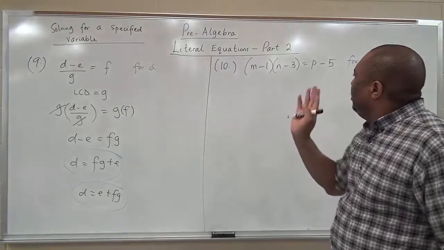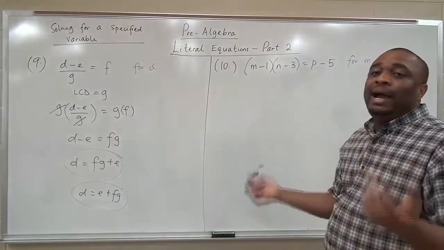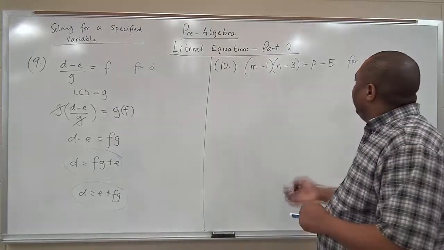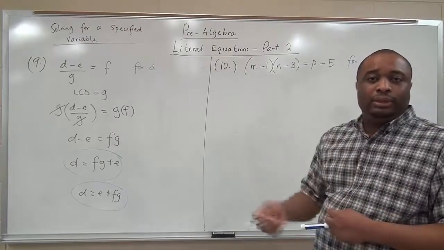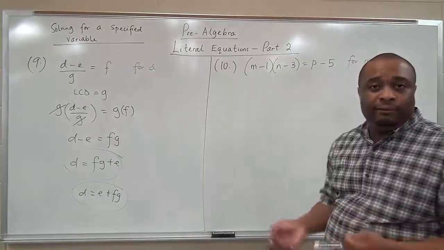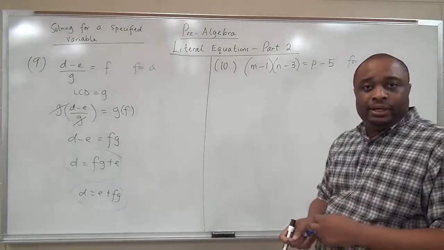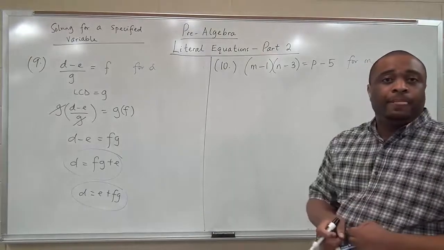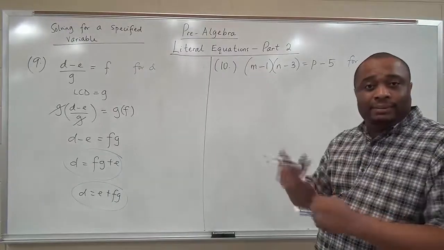There are two ways we can do this. We can divide both sides by N minus 3, and then add 1. That's if you like working with fractions. Or we can use the FOIL method to multiply the binomials and get the like terms.